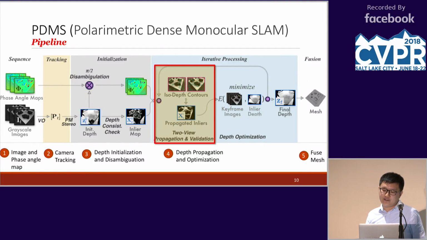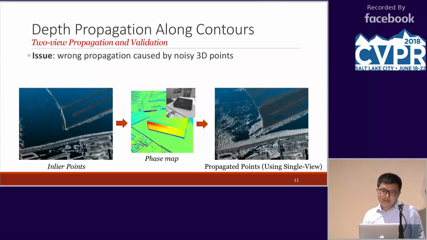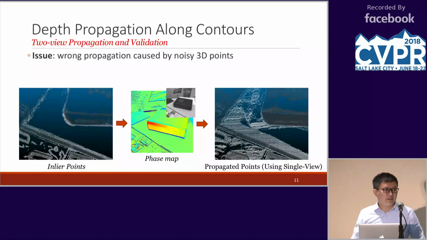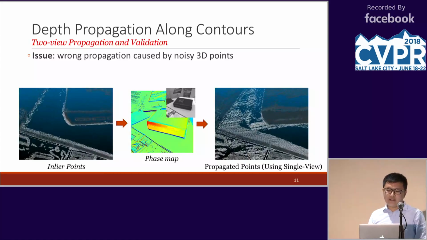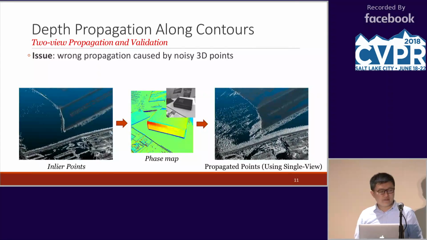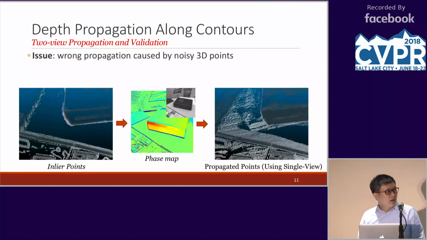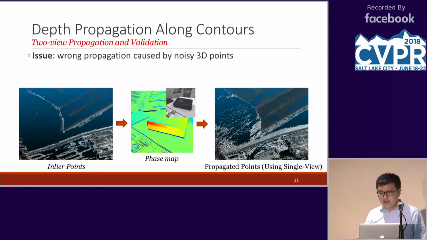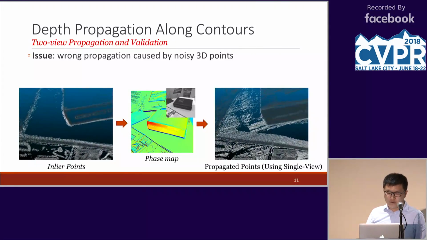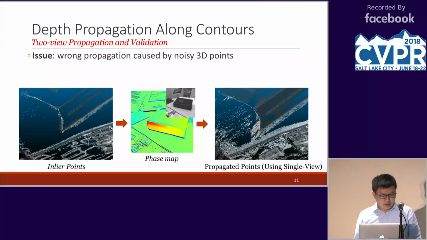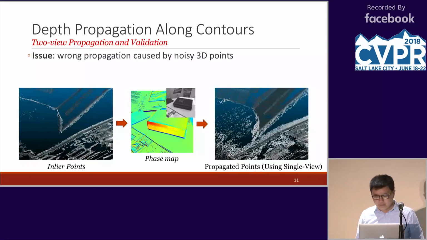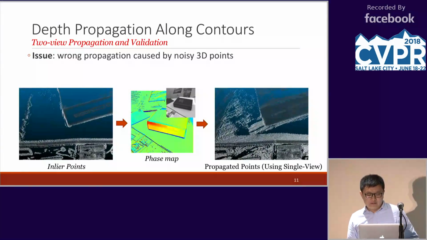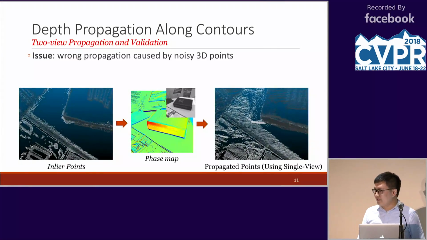This process is called two-view propagation and validation. The depth propagation itself might generate some noisy 3D points. As you can see in this example, in the left image we can see some noisy white 3D points near the book edge. If you look at the reference input image in the middle, you will see those white points come from the table, so we know that those positions are wrong in the left image.